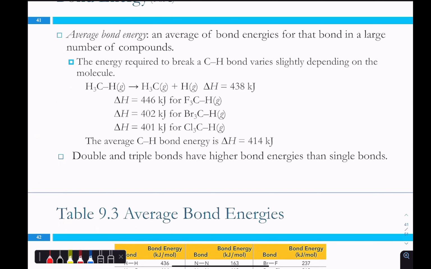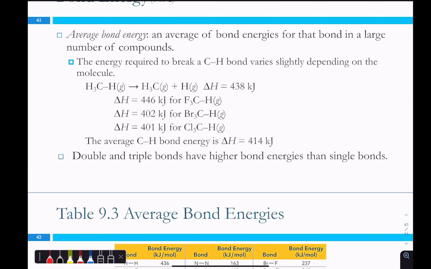This is not going to be a perfect method, but let's say you're making a novel molecule and you want to get an average idea of the energies. You can use these average bond energies to figure it out. For double and triple bonds, we talked about them last week a little bit. A double bond is stronger than a single bond, and a triple bond is stronger than a double bond.